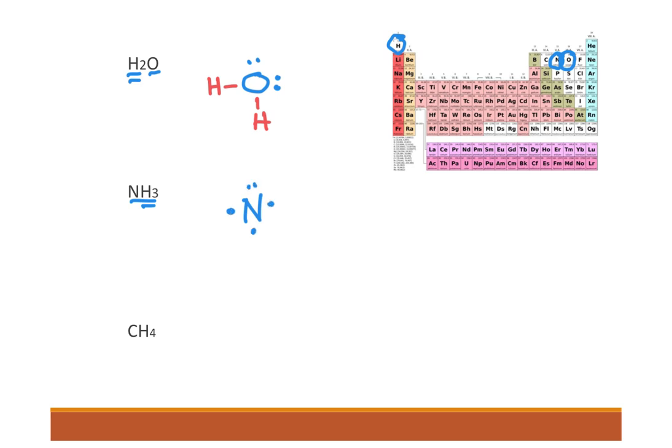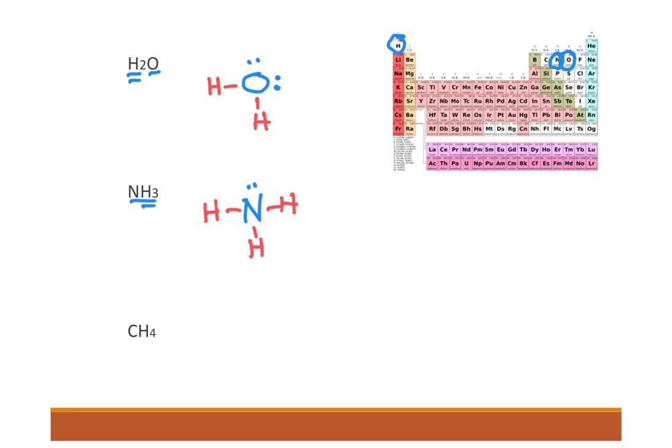Hydrogen is going to match up with each of these single electrons on nitrogen, so that we have shared electrons between the nitrogen and hydrogen in 3 places. And again, if you want to make this neat and tidy, we'll turn these pairs into nice lines for the final product.